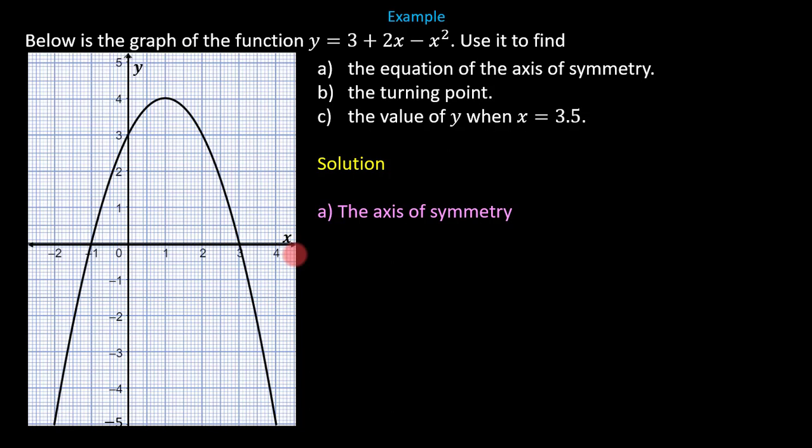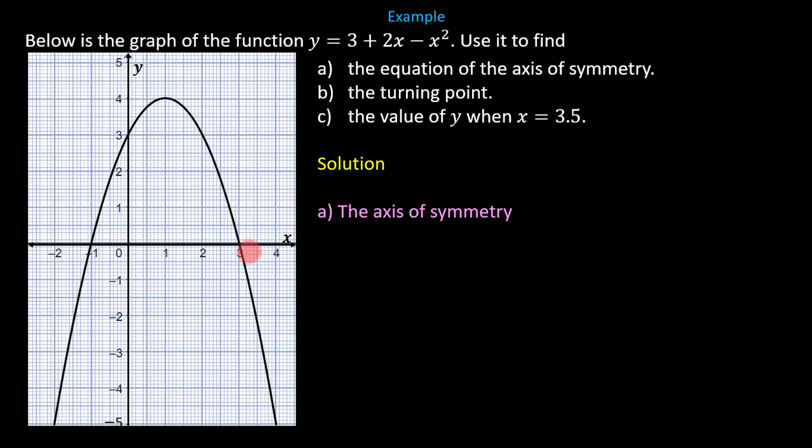If it is hard to do so, just consider where the graph intersects the x-axis. It intersects the x-axis at x equal to negative 1 and of course x equal to positive 3. If you add negative 1 to 3, we have 2.